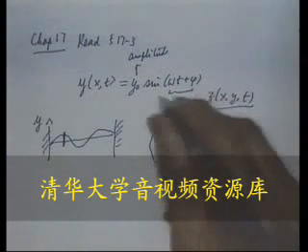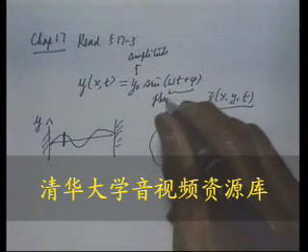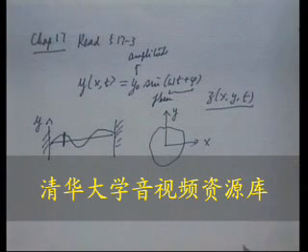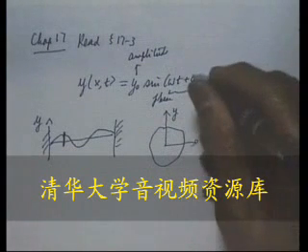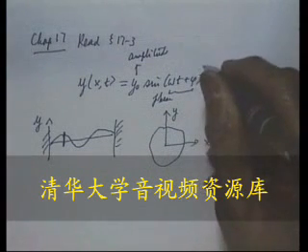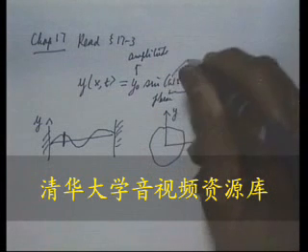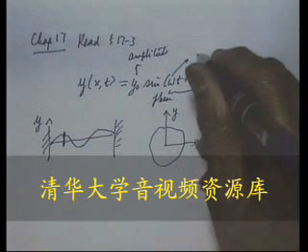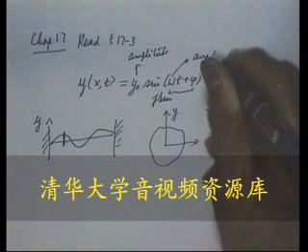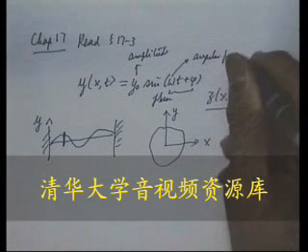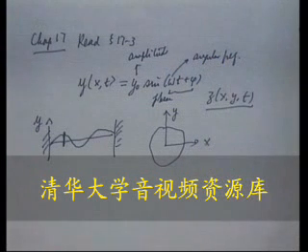This is called phase. Omega is called angular frequency, sometimes called angular velocity.